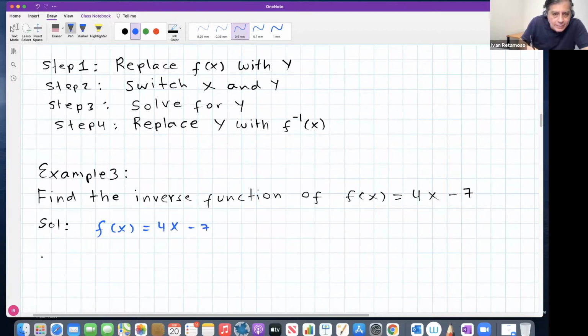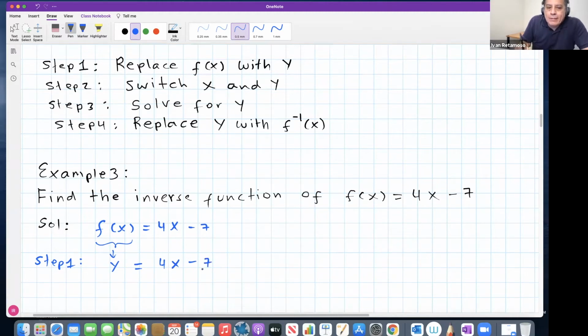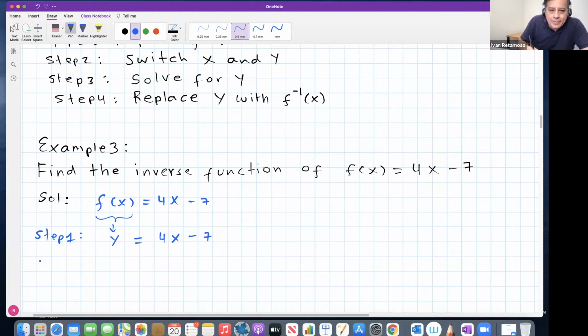So we're going to start with step 1, which says replace f of x with y. So you simply do this. This guy that you see here, instead of f of x, write y. This is a very simple step. So y equals 4x minus 7. Step 1, done.